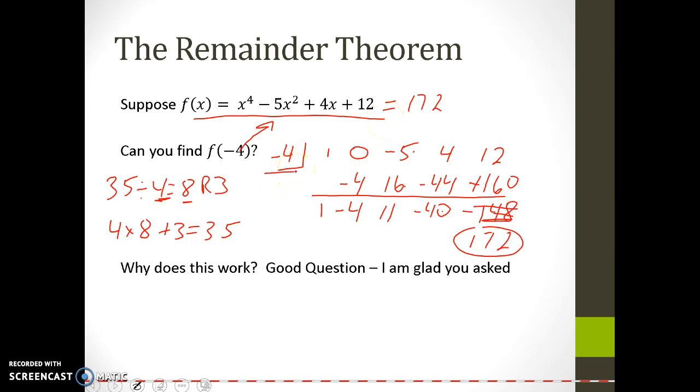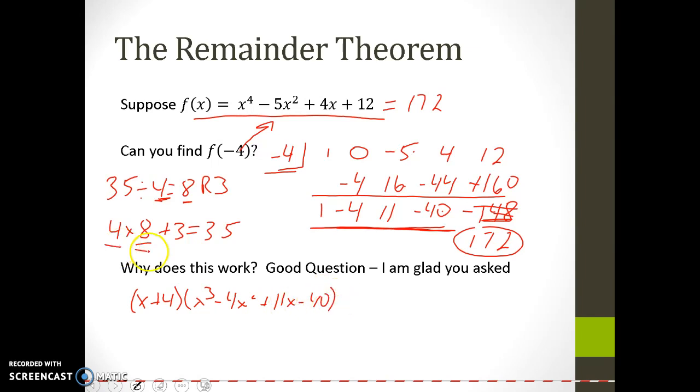So if I use that same logic, I took this, I divided it by x plus 4, and I got this answer with a remainder of 172. In other words, I can write it like this. I can take what I'm dividing by, x plus 4, and multiply that times my answer, which is x to the third minus 4x squared plus 11x minus 40.